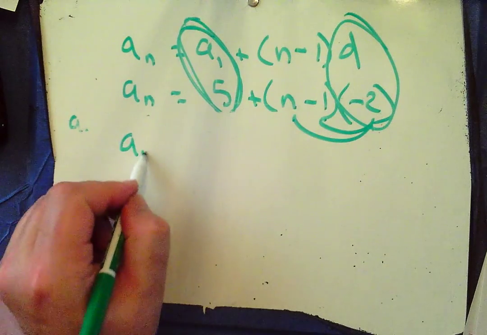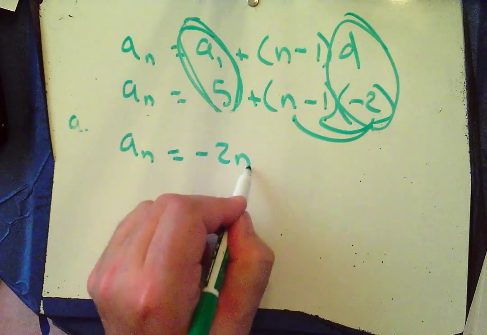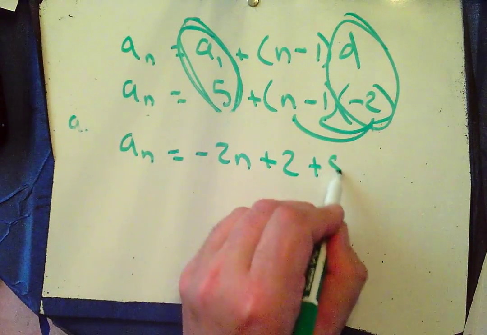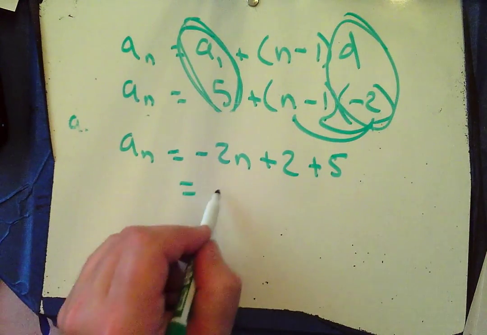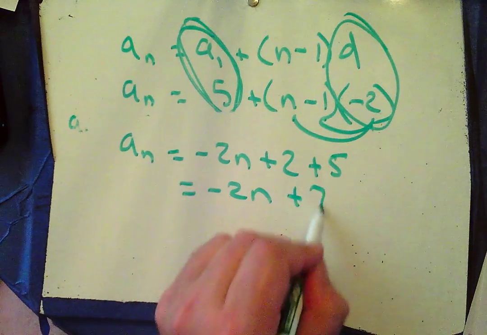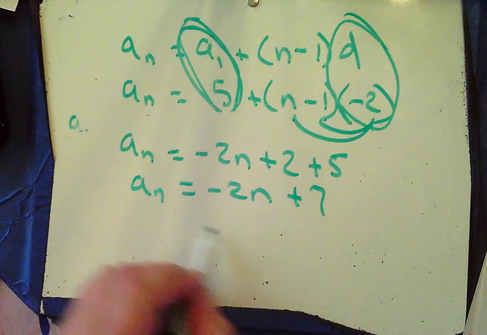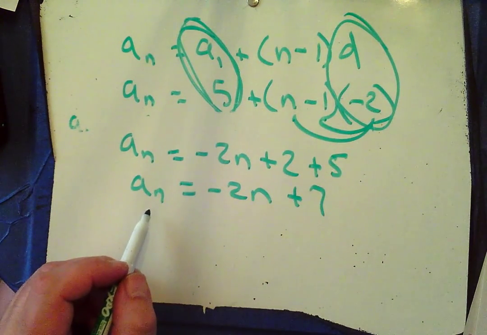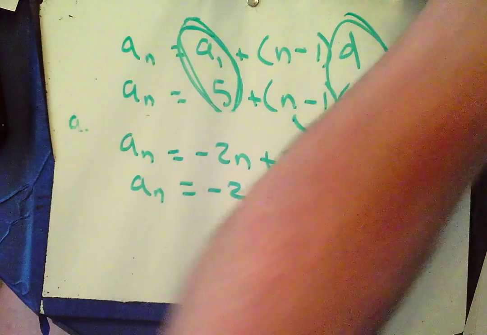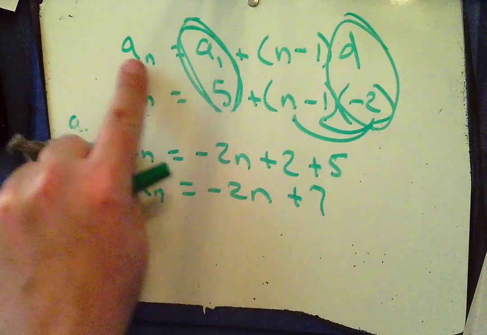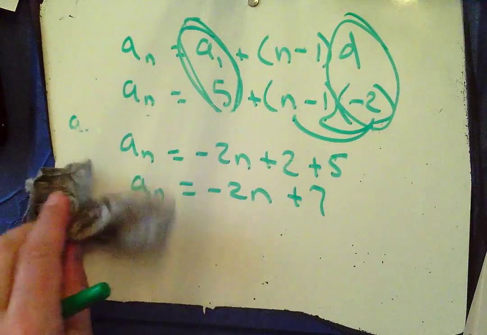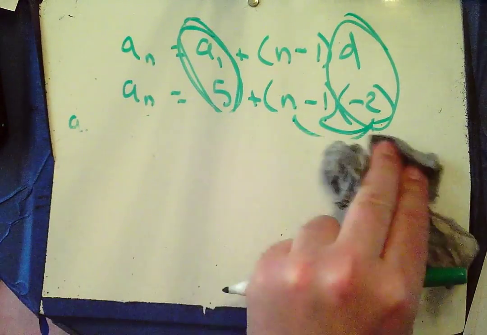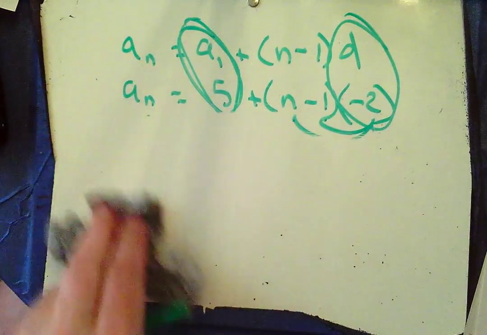And so you have a sub n equals negative 2n plus 2 plus 5, and then combine like terms to get negative 2n plus 7. If you find it easier working with this tidy rule, that's great, use it. Otherwise, feel free to use this given rule, a sub 1 equals n minus 1 times d.